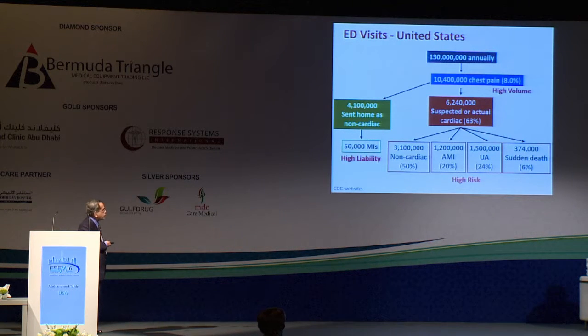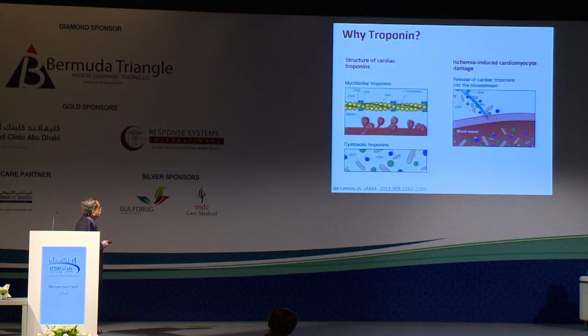And about 1.5 million would have unstable angina. 374,000 people with acute MI would die in the United States every year, some with treatment and some without it. And that's from the CDC website. This is a slide which I took from there.